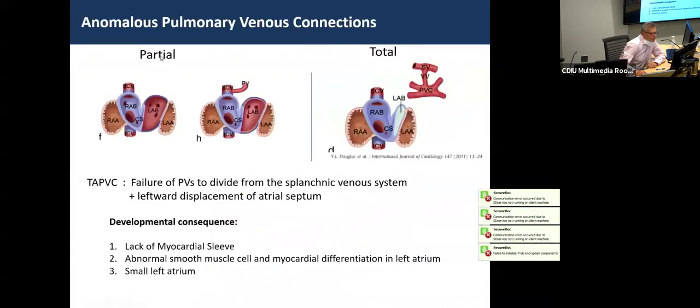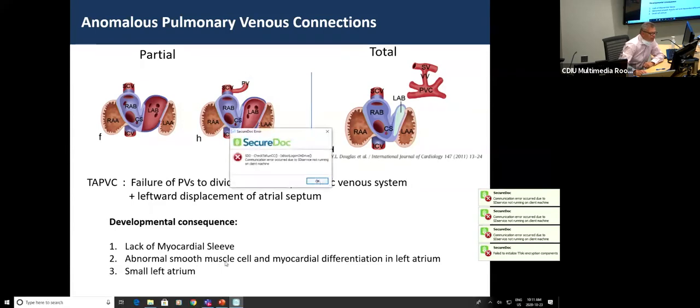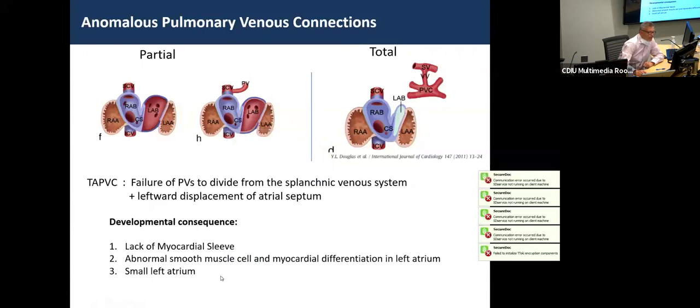So again, this is the embryology of partial versus the total morphological substrates for total anomalous pulmonary venous connection. So here she cited the lack of myocardial sleeve, abnormal smooth muscle cell development, and myocardial differentiation in the left atrium, typically in association with a small left atrium.